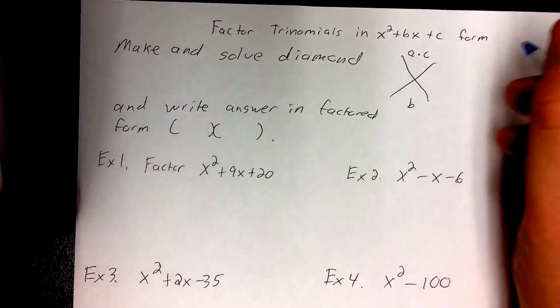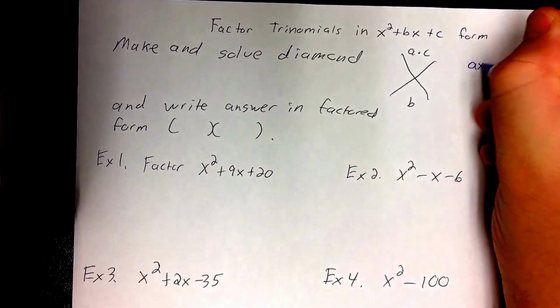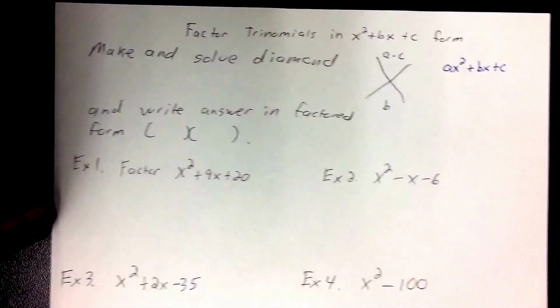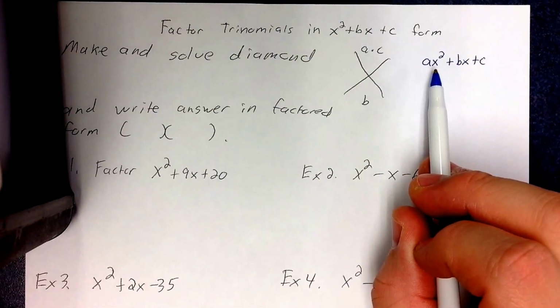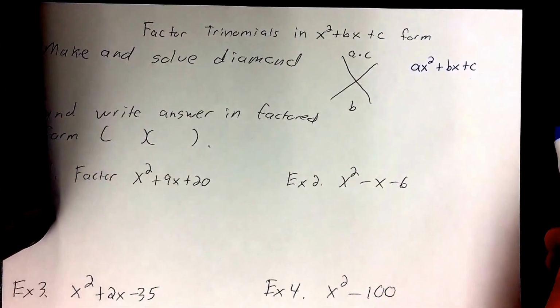Where I get the A and C from: the basic form of a trinomial is ax squared plus bx plus c. So A is the number in front of x squared, B is the number in front of x, and C is the constant, or the number without a variable.